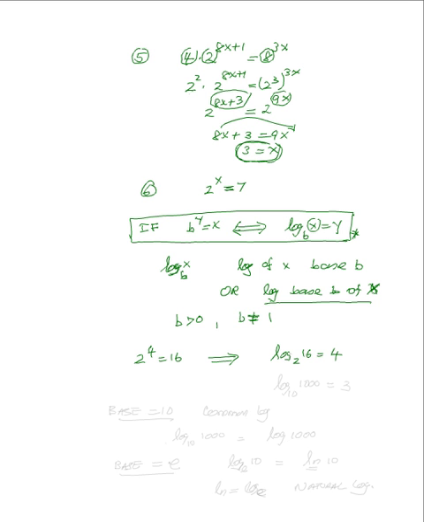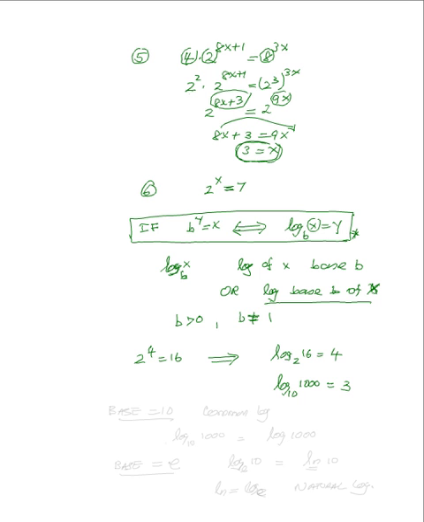The answer is 4. So logarithm basically is finding the exponent of the base so that you will get the number. For example, if somebody asks you log base 10 of 1000, the question is, what exponent of 10 will give you 1000? The answer is basically 3.